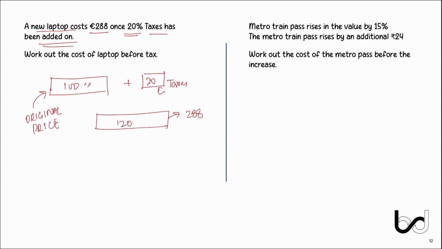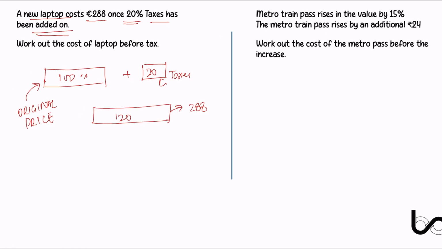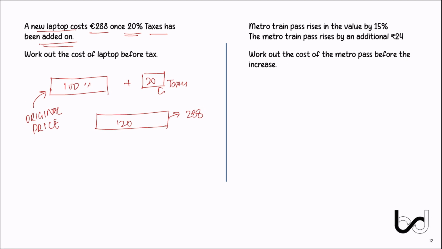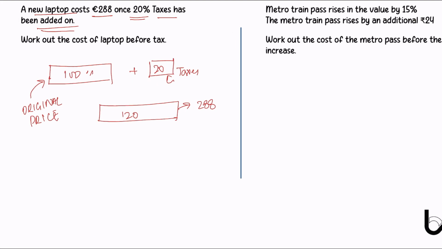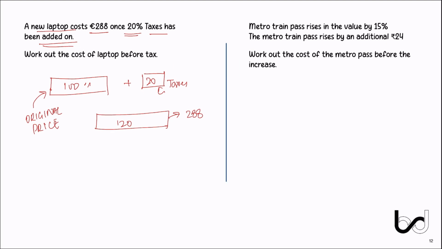Again, I can calculate the value of 20% over here. Because I know 120%, 20% is that divided by 6. I'm just showing you using the method which we have discussed in the video. If I divide this by 6, I get 20% equals 288 divided by 6, which is 48. Now for 100%, I just multiply this by 5, which gives you 48 times 5, 240.